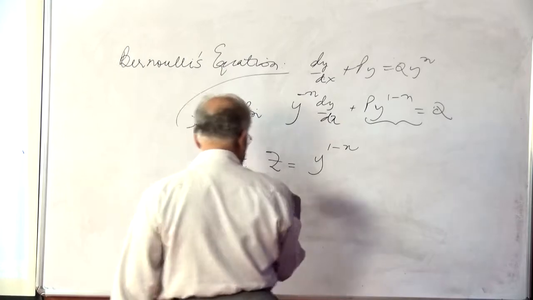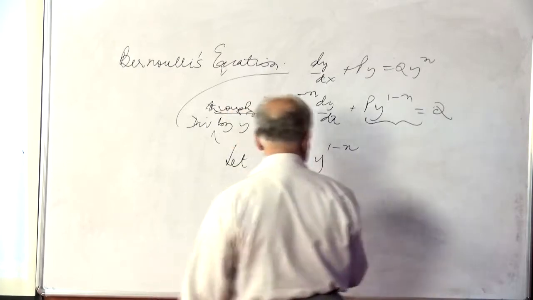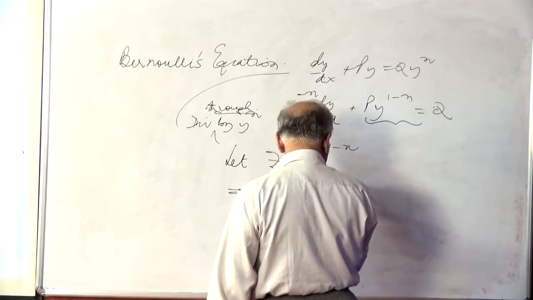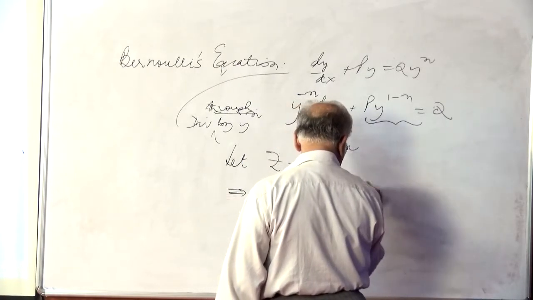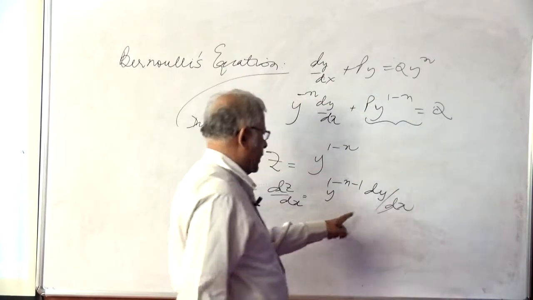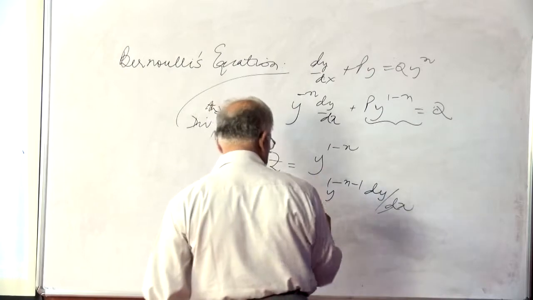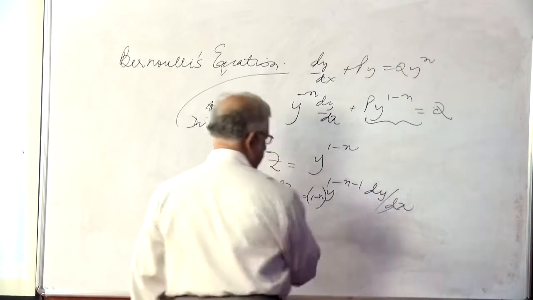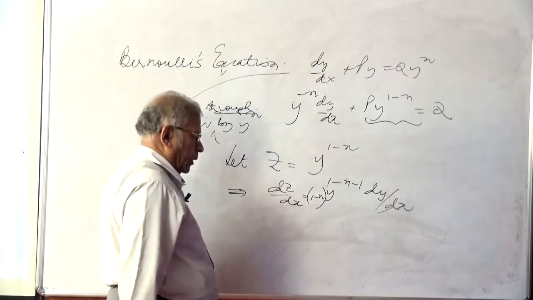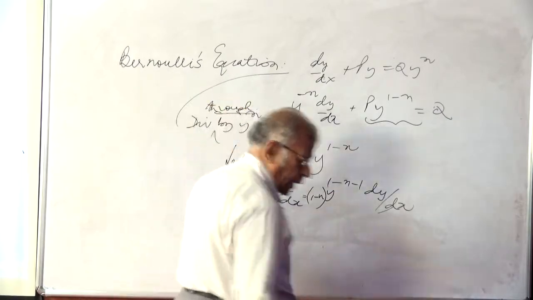Then we have dz/dx as 1 minus n times y to the power of 1 minus n minus 1 dy/dx. This is by the chain rule. In other words, this is y to the power of minus n.